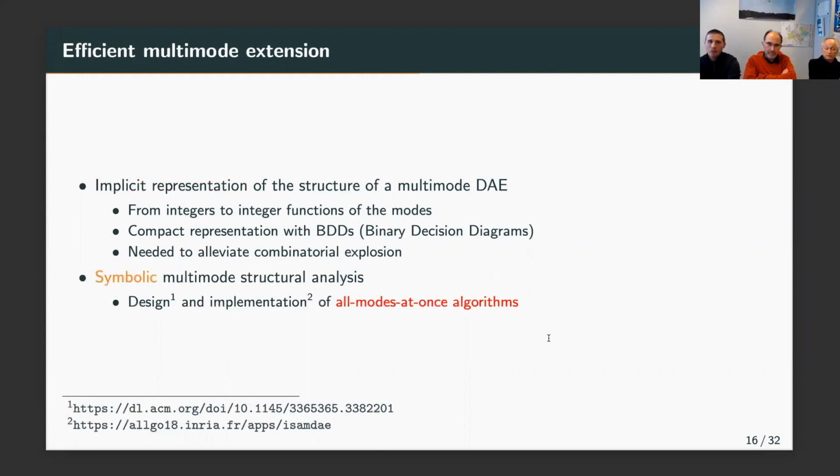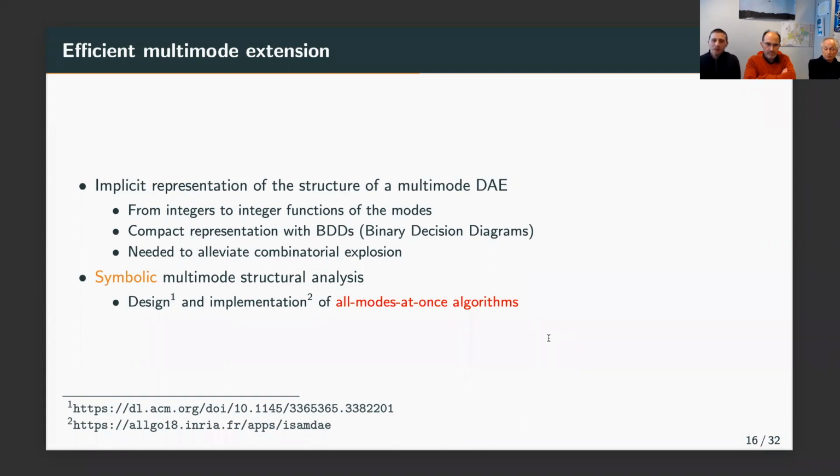And then we work on these functions, and we adapted the algorithms that are used for the Sigma method for structural analysis in order to make them work on functions of the modes, so that in a way the structural analysis is performed on all modes at the same time.